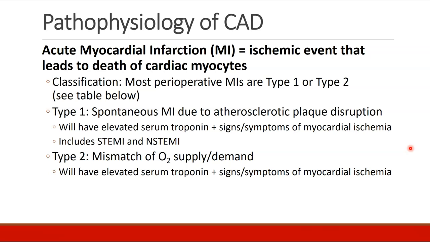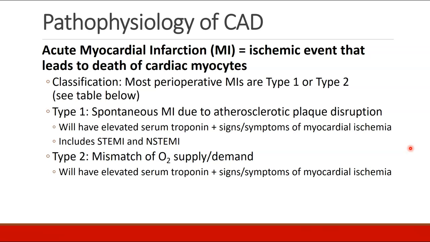These patients will have elevated serum troponins, plus signs and symptoms of myocardial ischemia, and it includes both STEMI and NSTEMI. Whereas a type 2 MI involves a mismatch of oxygen supply versus demand. Again, these patients will still have elevated serum troponin, together with signs and symptoms of myocardial ischemia.